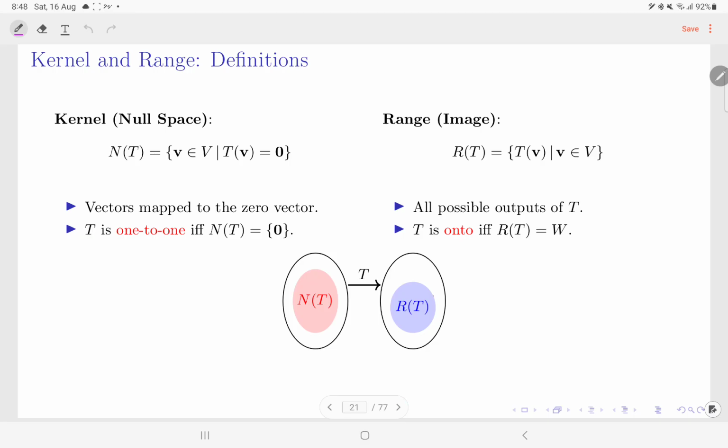Okay, what about kernel and range? I hope you are familiar with these terms.